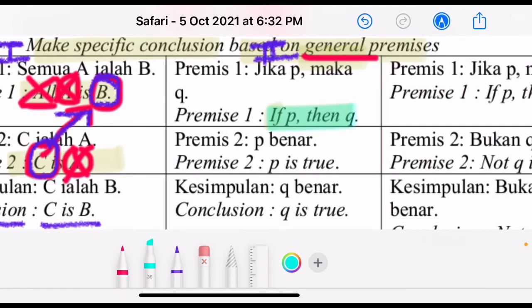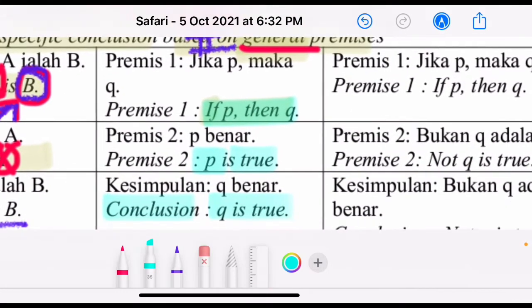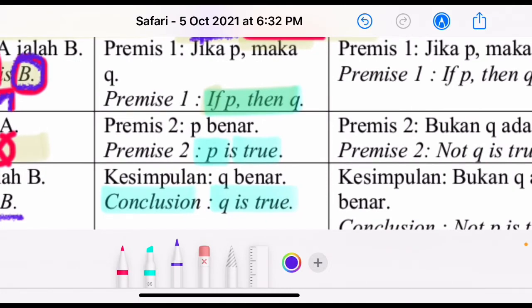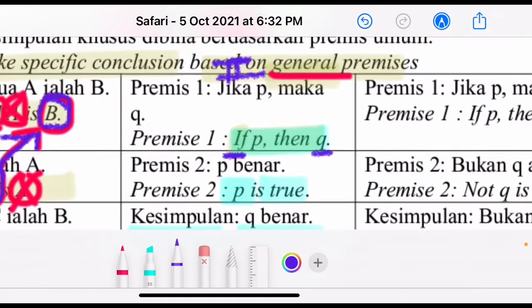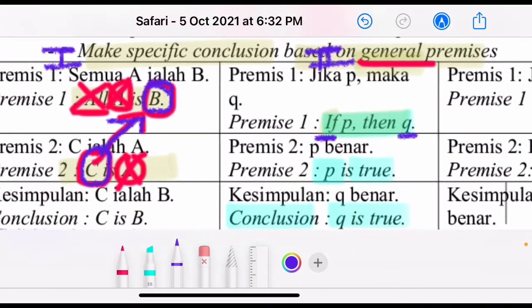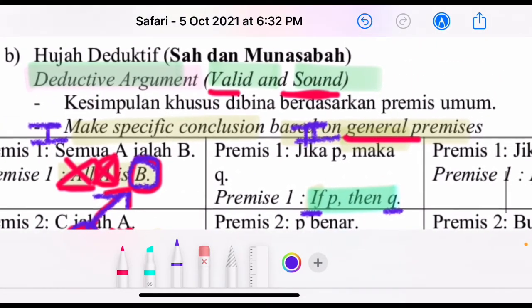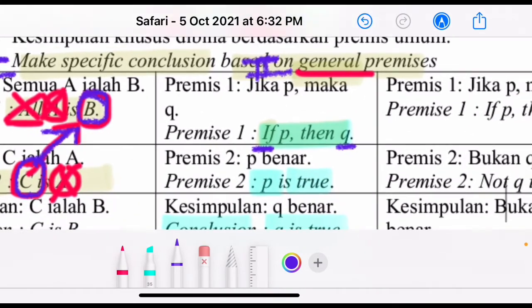Premise 2: P is true, followed by the conclusion: Q is true. This is type 2. You have to follow exactly the pattern of the 3 types of deductive argument.